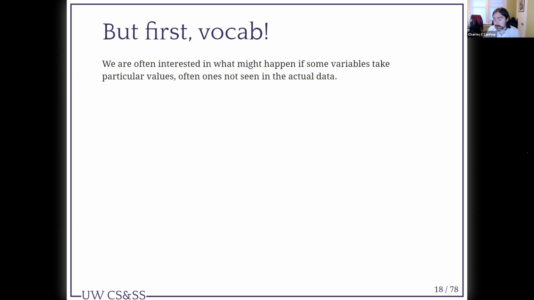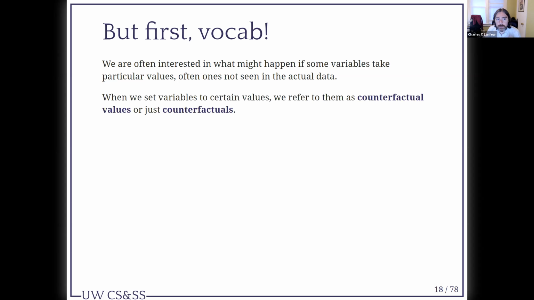This is a thing we want to know all the time, right? Well, when we set variables to be certain values, we refer to the values we set as counterfactual values or just counterfactuals. This is very common statistical language. Okay? A counterfactual value is just some kind of hypothetical value for a variable.